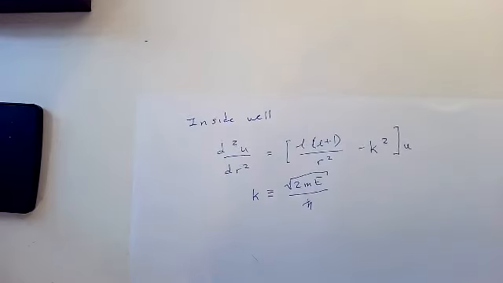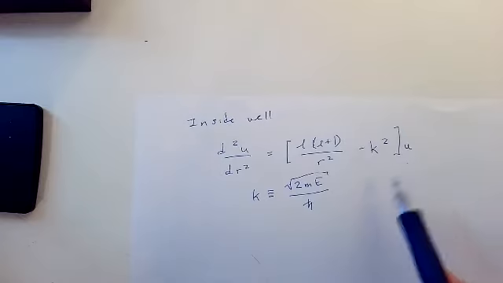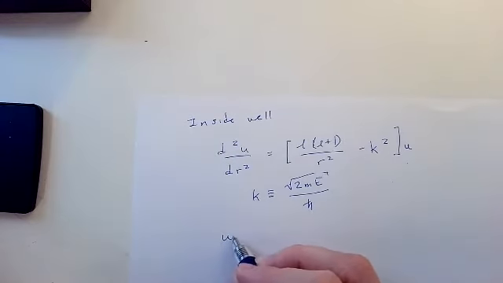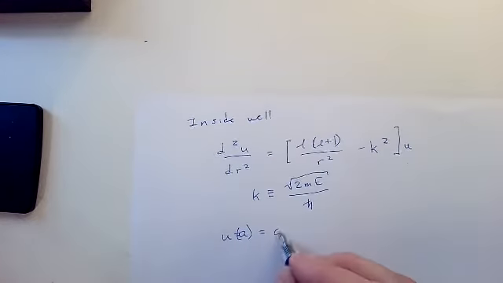What we want to do is solve this differential equation and then subject it to the boundary condition that our wave function has to be continuous. So our wave function at that point a has to go to 0.